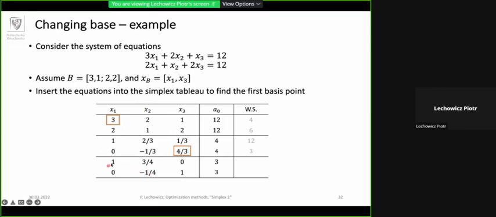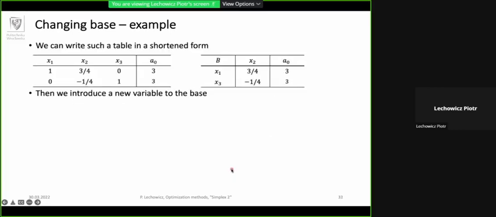In this solution, x1 is equal to 3, x3 is equal to 3. Then we can write it in shortened form to save some space. Here we write basic variables, here we write free variables, and we do not need to write the coefficients for free variables because we know they are equal to the unit vector.